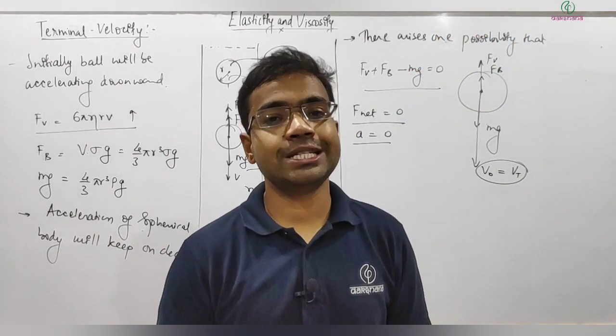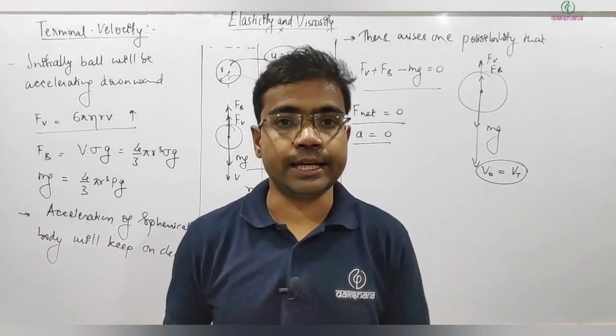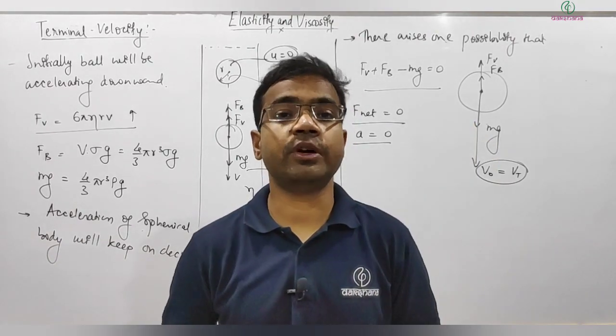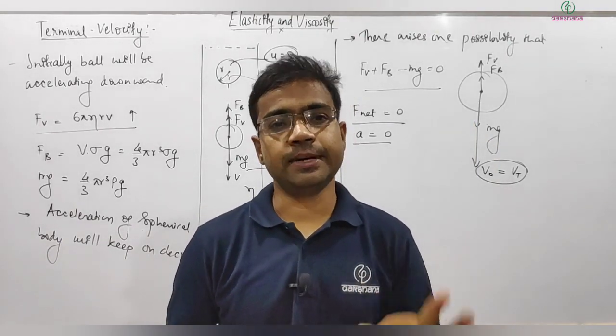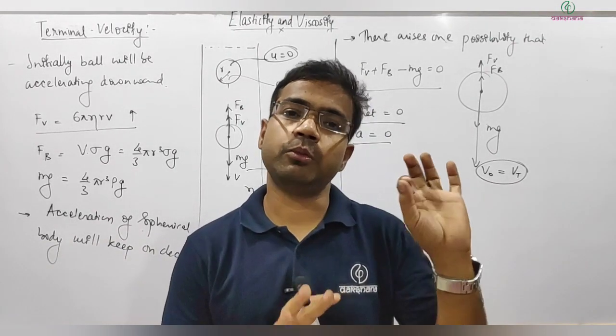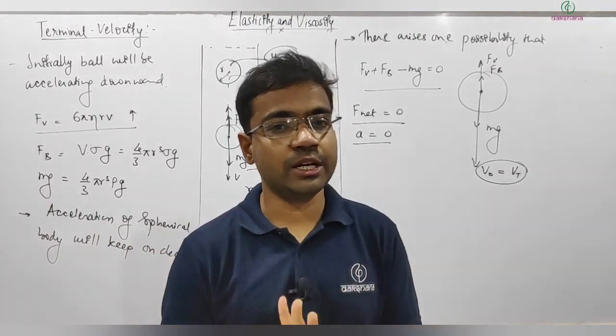If any of the upward forces increases, then the raindrop might decelerate. Otherwise, if they are moving with constant velocity, the velocity will remain constant.